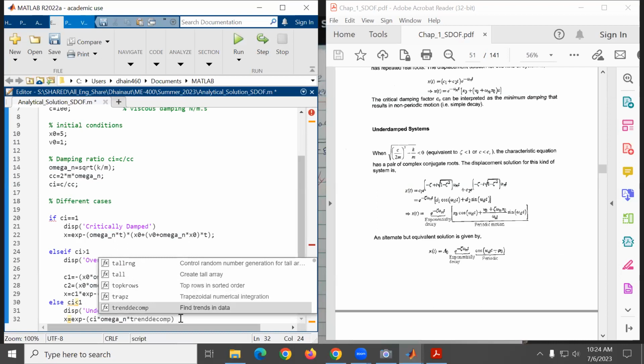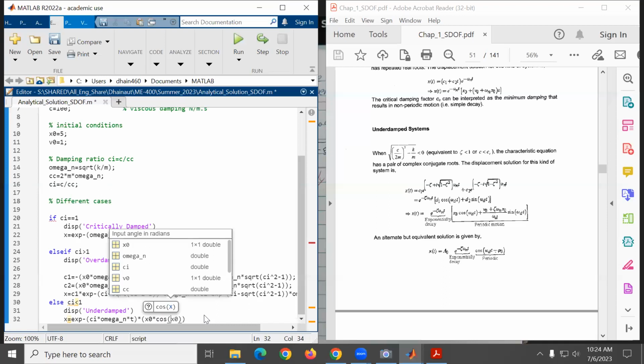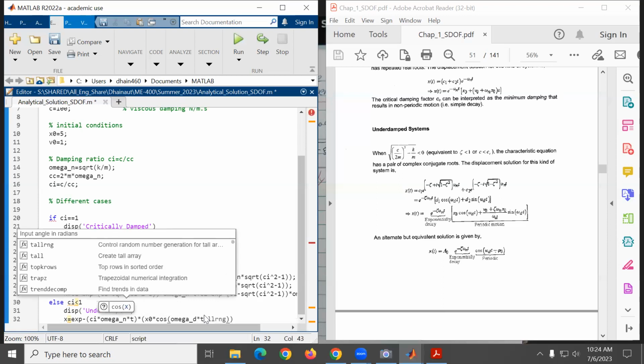I don't know how to do this stuff, that doesn't write, okay. So this is the exponential decay times x sub naught, oops, times cosine omega sub d times t.